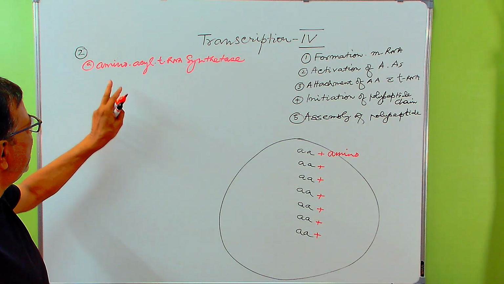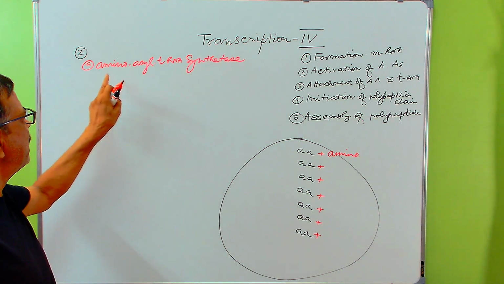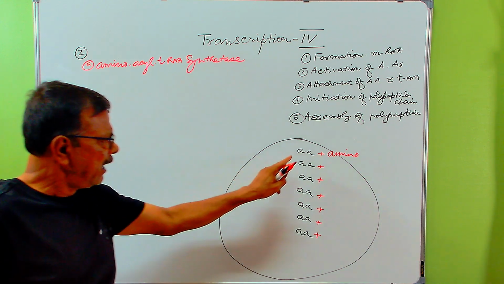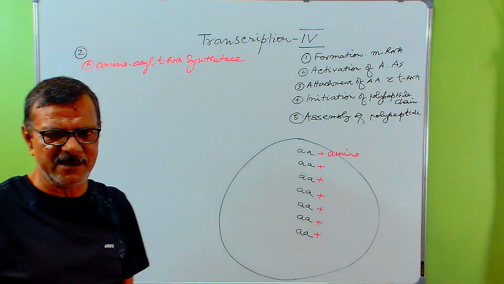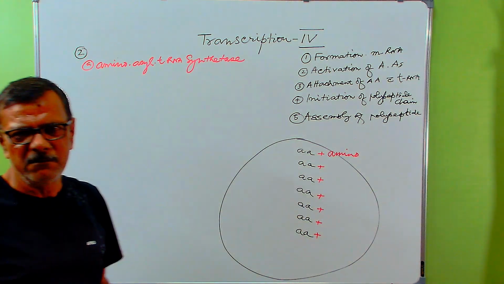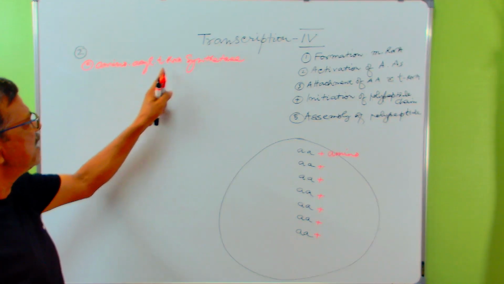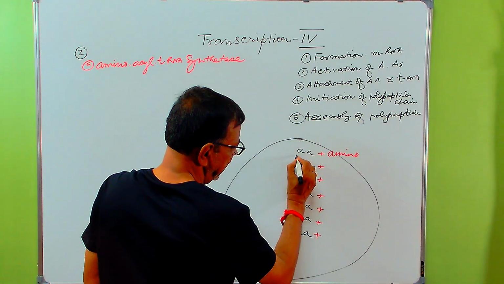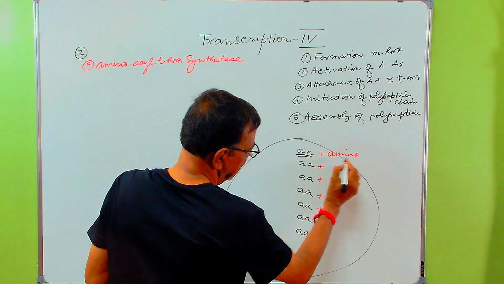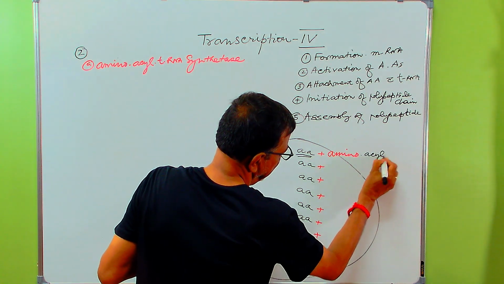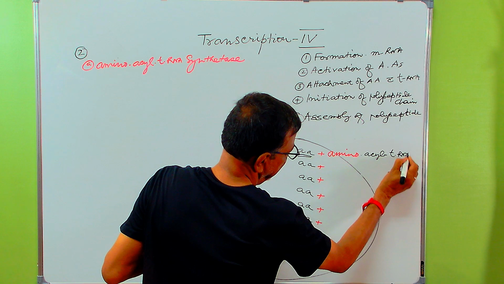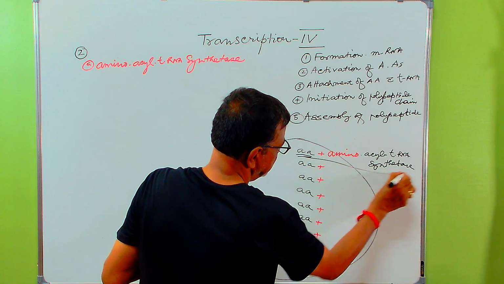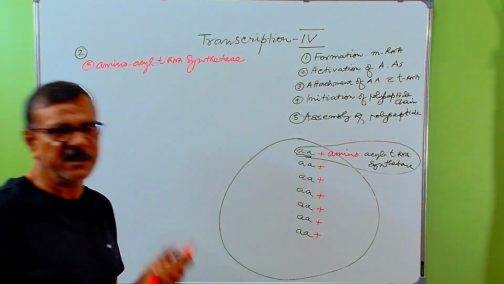You can write simply amino acid synthetase. It could be named amino acid activatase, but they are given this name. So amino acid tRNA synthetase helps to bind the amino acid with the tRNA.